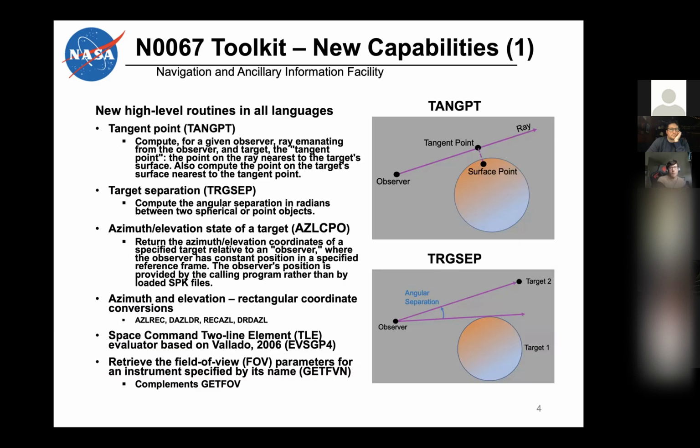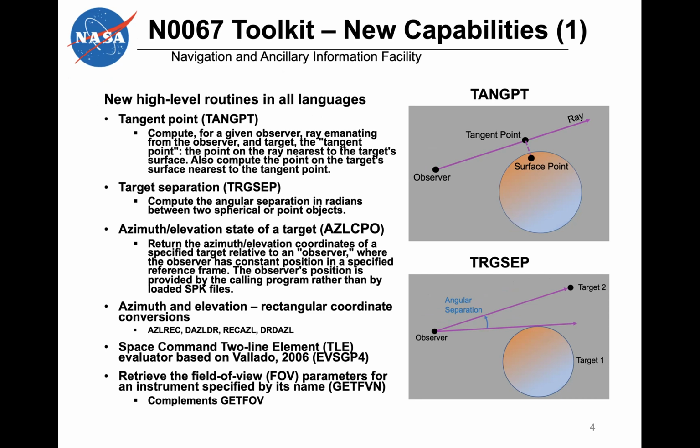Concerning new capabilities, there's a number of new high-level routines available in all languages. First and foremost, [the tangent point routine]. This is the point on the ray nearest to the target's surface, and it also computes the point on the target surface nearest to the tangent point.